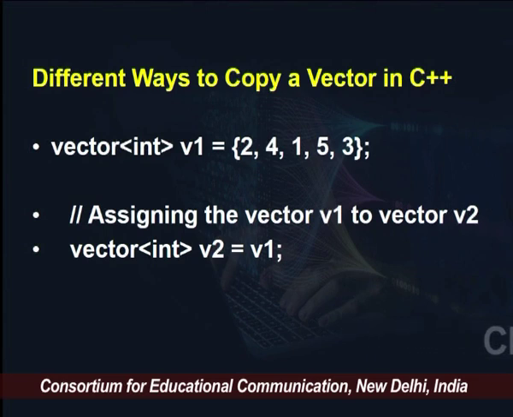What is done here is that all the elements of v1 will be stored inside v2, and we have created a copy of the vector v1. The contents of v1 will remain as they are and v2 will be created as a copy of v1. So, that is one thing.